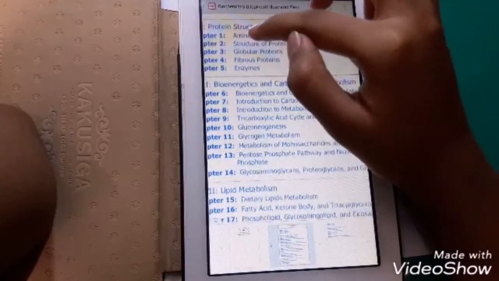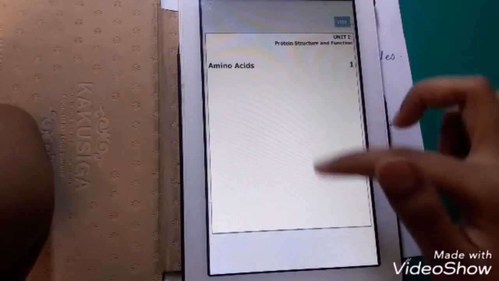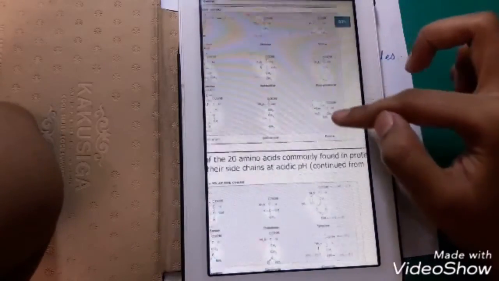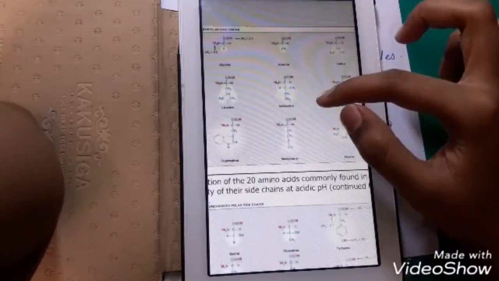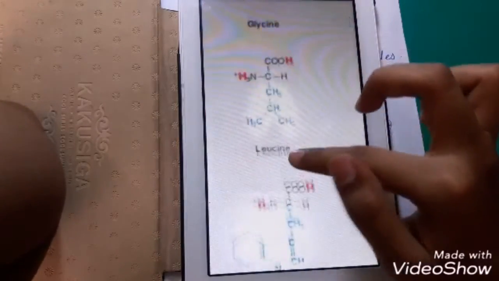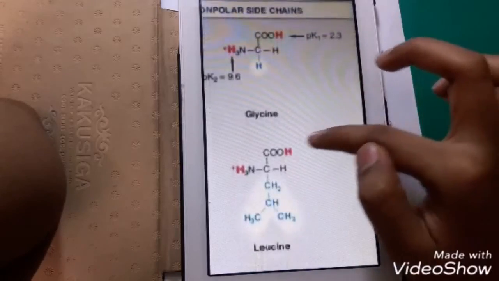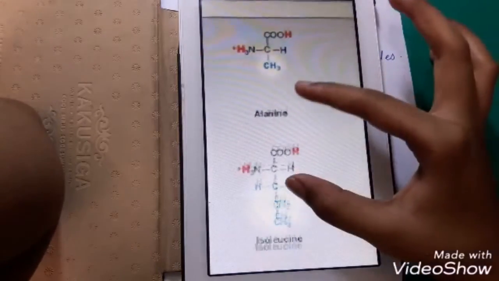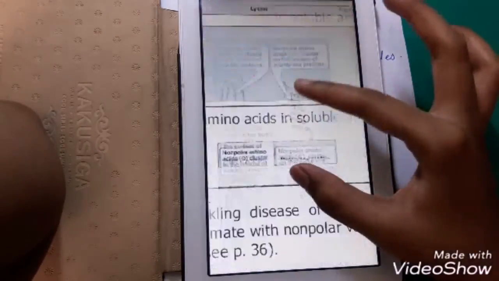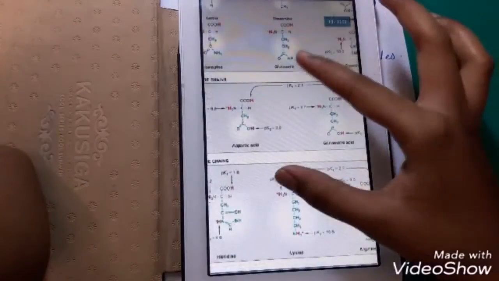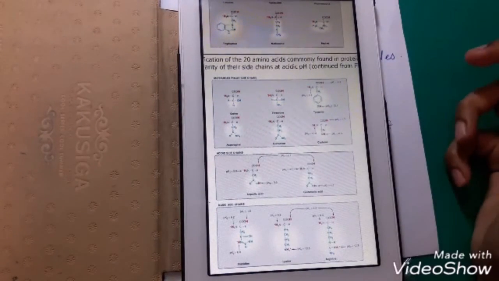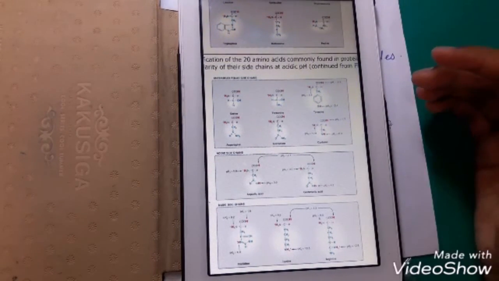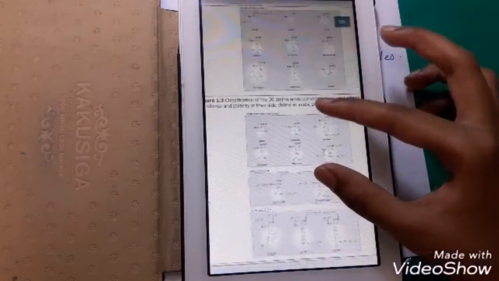I would like to show you something. Yes, this. It has quite a good structure of all the amino acids in it. You can see this glycine, alanine, all. It is good to do a quick revision of the amino acids and their structures. So I like this very much in this book.